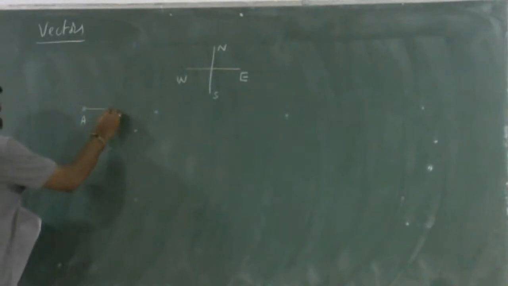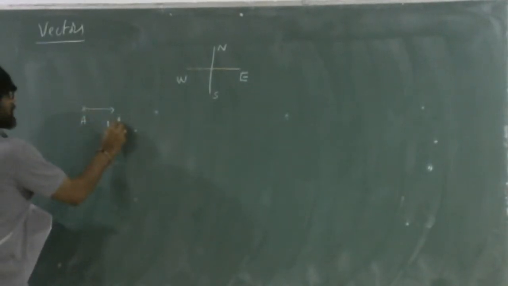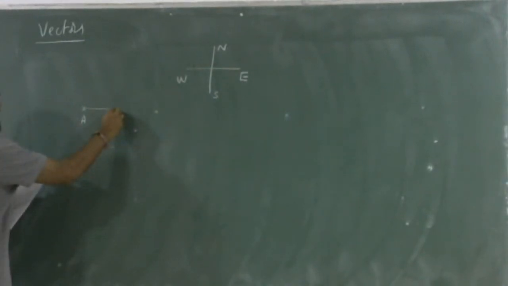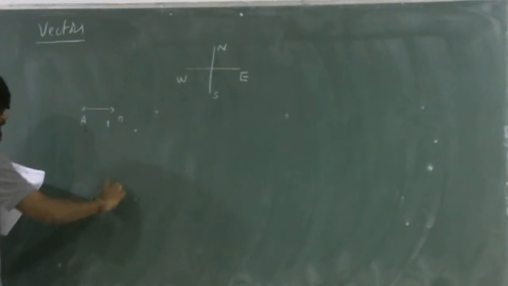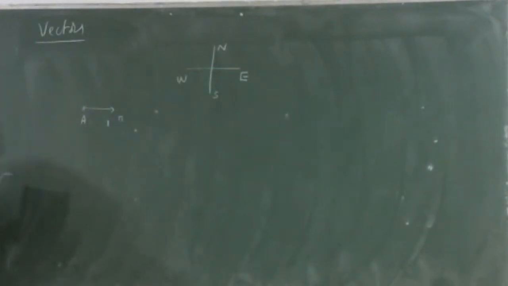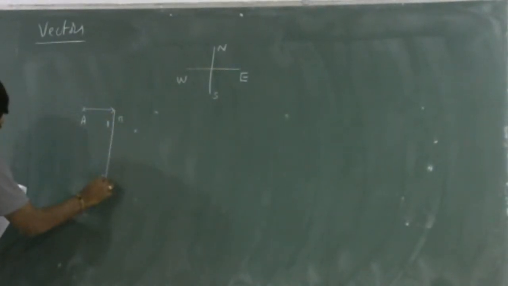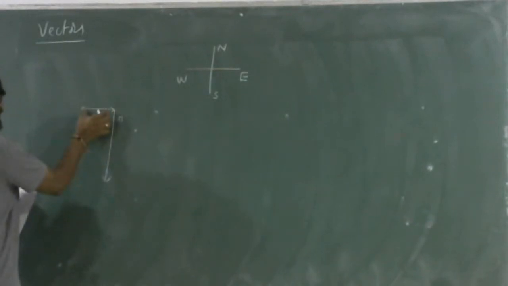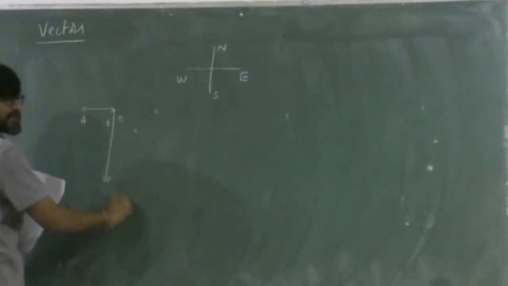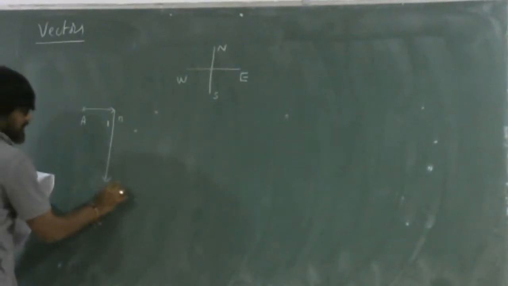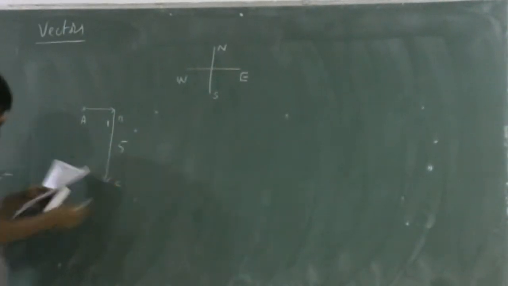Let us say this is A, this is B, so this is 1 unit. Due south 5 miles means its length is 5 times, 1, 2, 3, 4, 5. You have to draw as per the scale, otherwise you have to understand carefully. So, let us say this is C, the 5 miles due south.